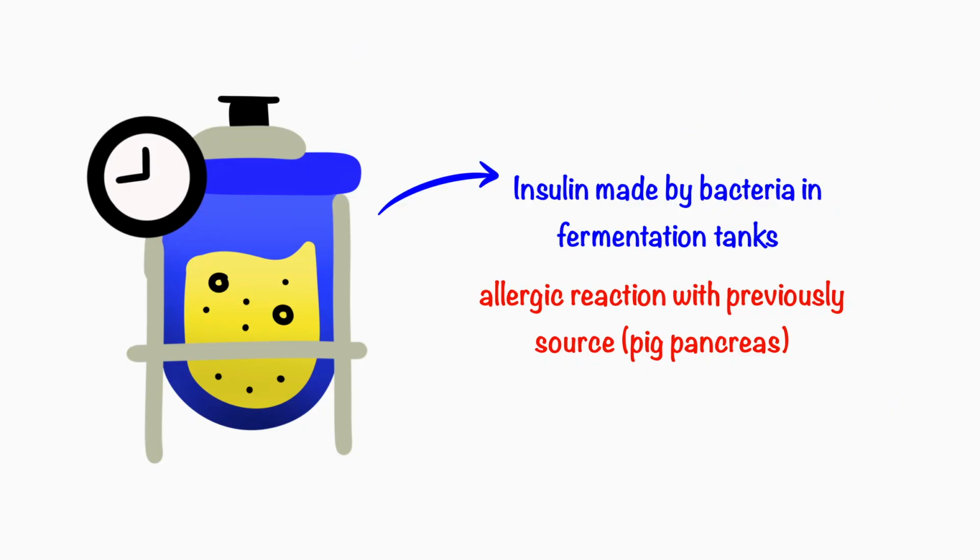Before genetic engineering, diabetics depended on insulin extracted from pig pancreases, which sometimes caused allergic reactions. Now, genetically modified bacteria produce pure human insulin safely and efficiently in controlled fermentation tanks.